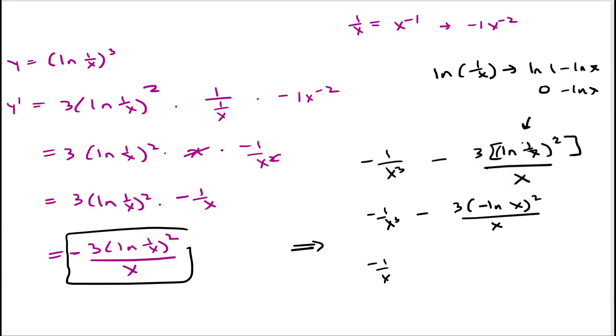So again, we get negative 1 over x to the third minus 3, and then ln of x squared. That would be a negative 1 squared, which becomes a positive. So that's why I rewrote it from negative ln of x to a positive ln of x, and then that's squared, divided by x. All right, and that is our final answer there.